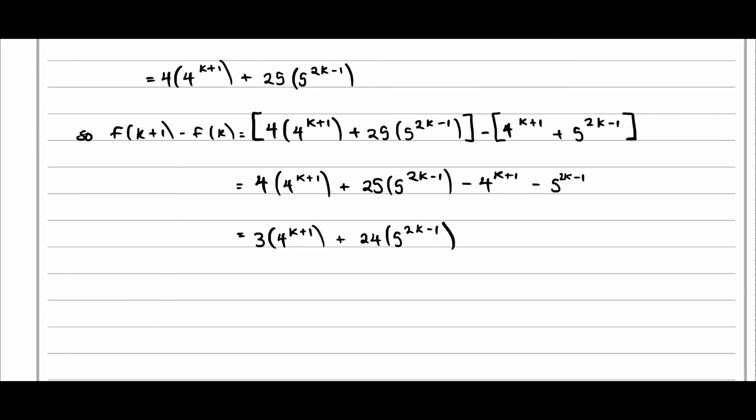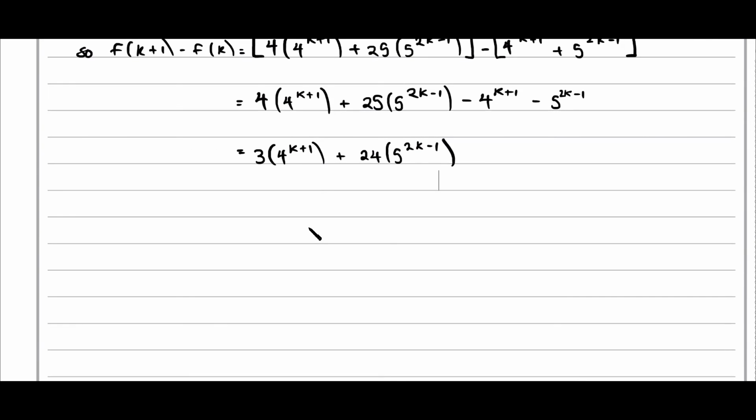And you have to be a bit careful over here. We want to somehow show that the entire result of f of k plus 1 is divisible by 21. And this 24, if I just write this out, this 24 is the same as 21 plus 3.